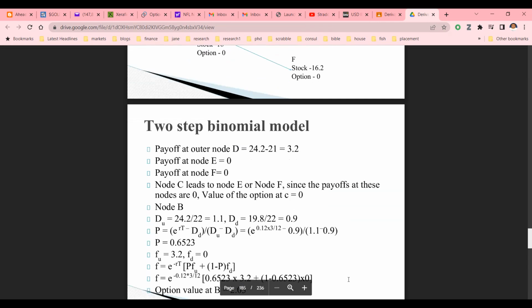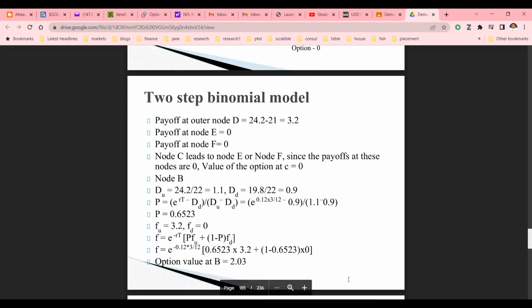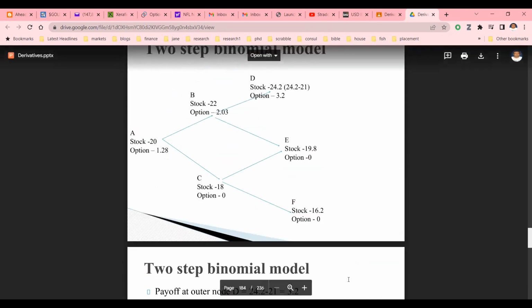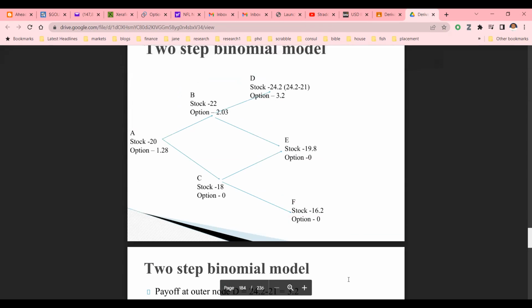Sorry, DU we should calculate and DD we should calculate based on the 2 nodes. And once you do that, we just plug it in the formula and we find a value of 0.65 for the P. Use the P value, and if you calculate it, you'll get the value of B as 2.03. B is calculated using D and E.